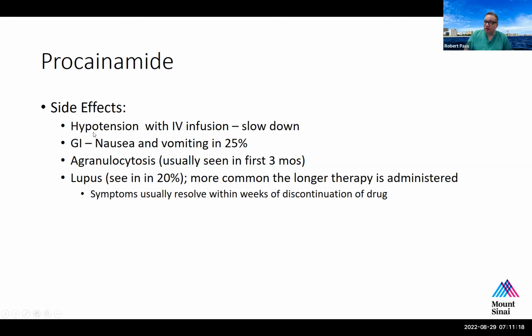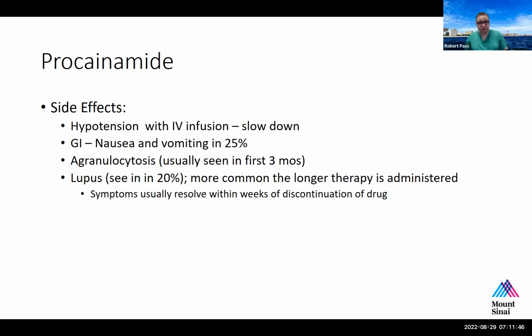We've already spoken about the most common side effect, which is hypotension with IV infusion. And again, if it's given in smaller boluses and if the infusion is started slowly, it's uncommon to have significant hypotension. When it is given orally, it can cause nausea and vomiting in about a quarter of patients. And it can cause agranulocytosis, seen in the first 3 months in a small percentage of patients.